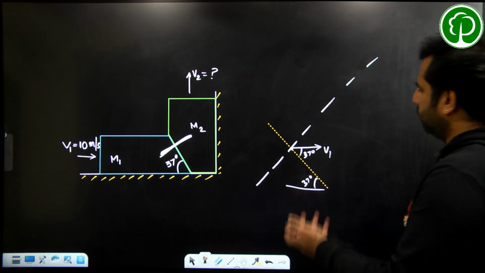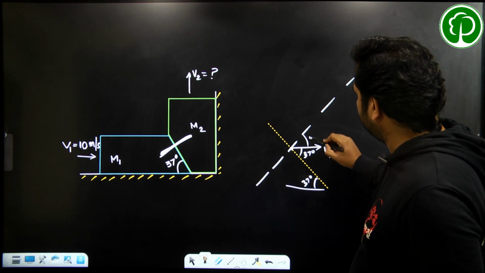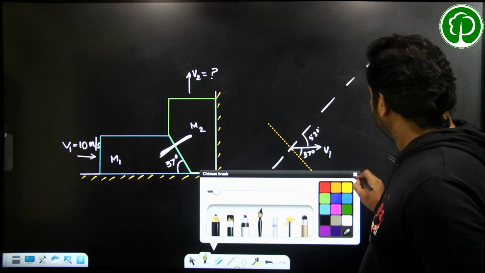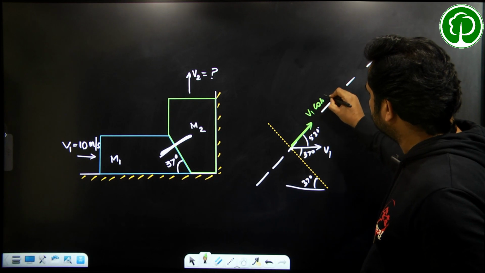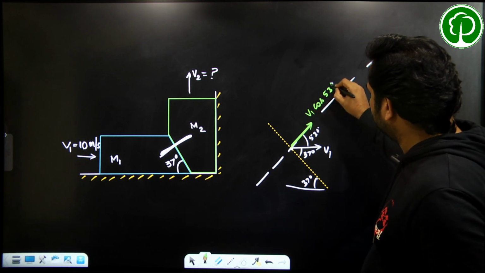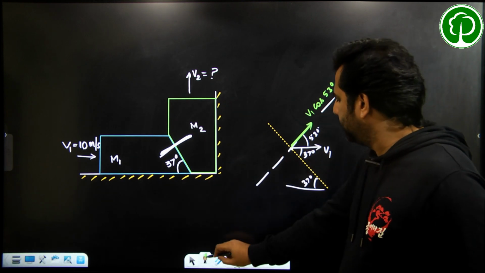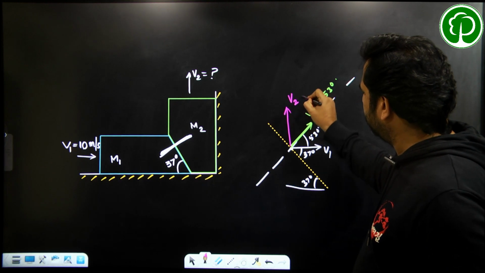You can resolve V1. This is 37, so this would be 53. So the component of V1 along the normal is V1 cos 53. Similarly, what about V2? V2 is vertical, it is going up.